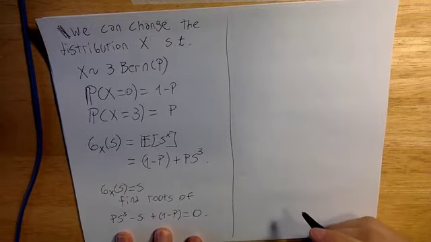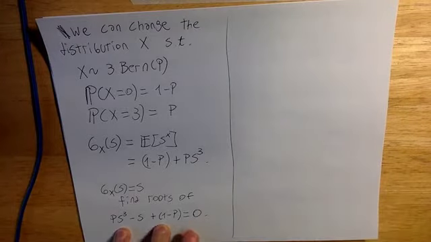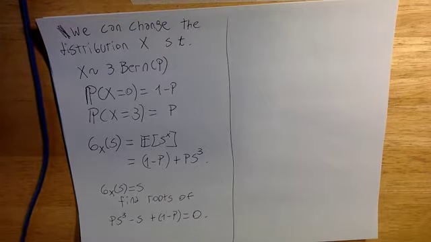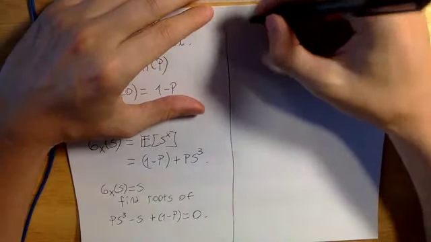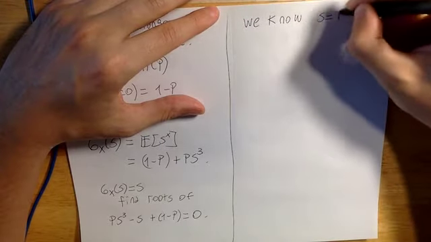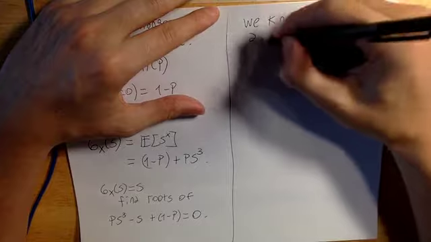Finding the roots of a cubic polynomial is a bit harder. So the way that one can realize how to do these things is to take, so we know s equals 1 is a root.